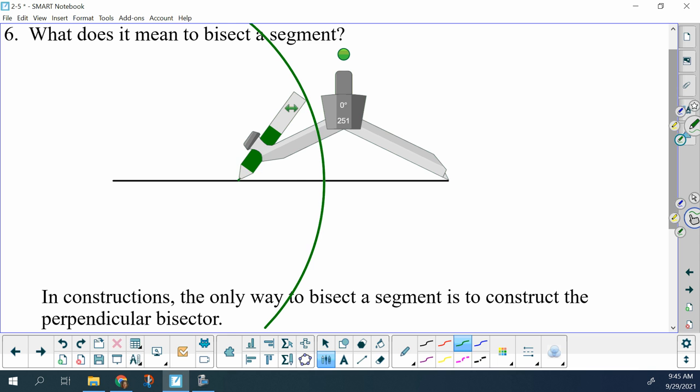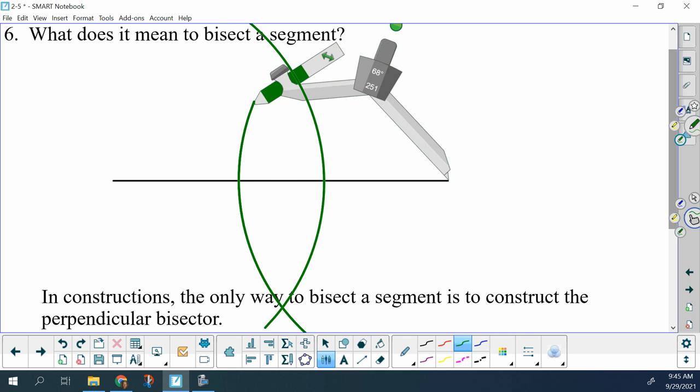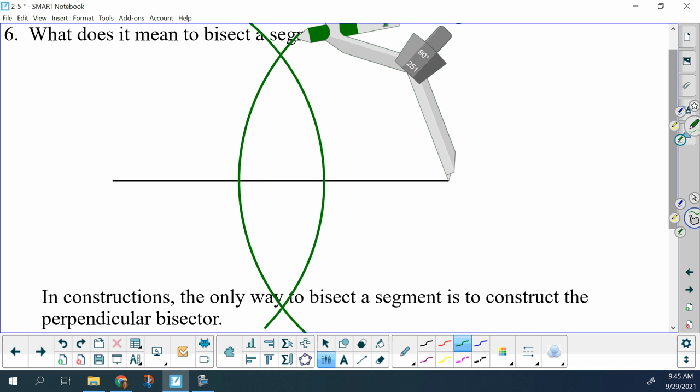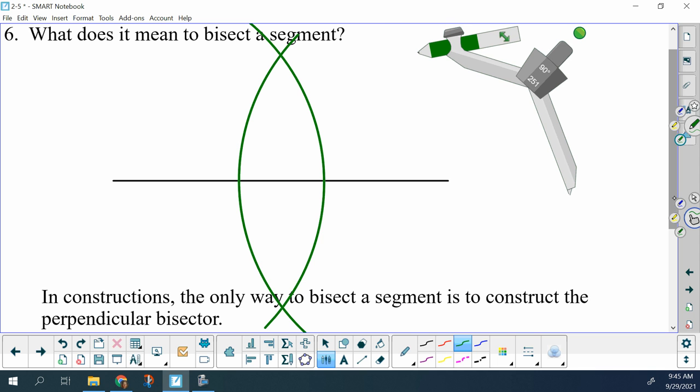Swing that semicircle, down and up. Take your straight edge and go through the two intersections you just made.